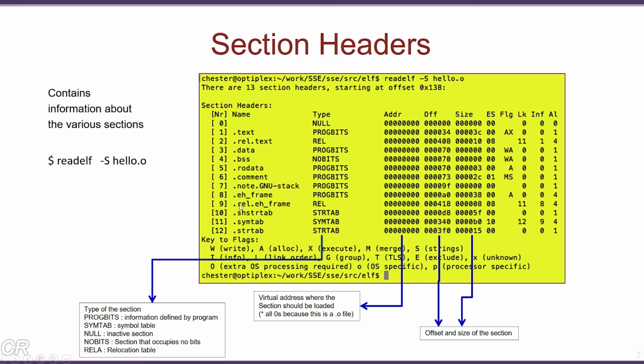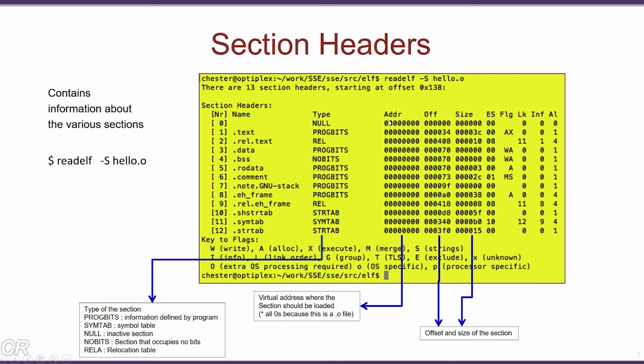This particular column tells you the name of the various sections present in the hello.o object file. Then you have the type of the section, and as we see over here, there are various types, starting from program bits, which essentially contains the program or the code that was written. You could have symbol table, no bits, relocation table, null, and so on.